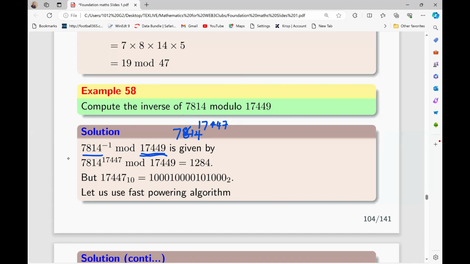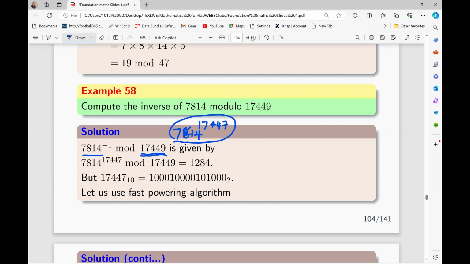So at this point, we now want to use the first pairing algorithm. And since this number is huge, I decided to first convert this power to binary so that I can see how many times I'm going to square, to be sure that I can do it.